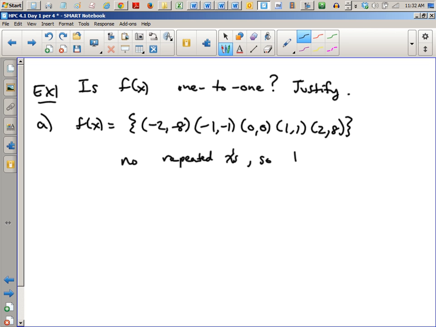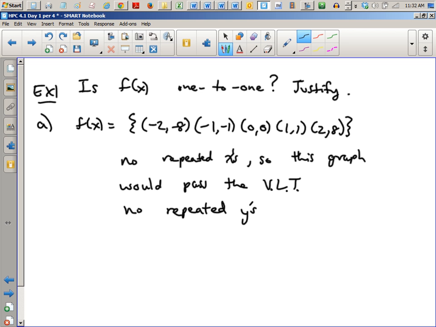So this graph would pass the vertical line test, and there are no repeated y's, so this graph will pass the horizontal line test.